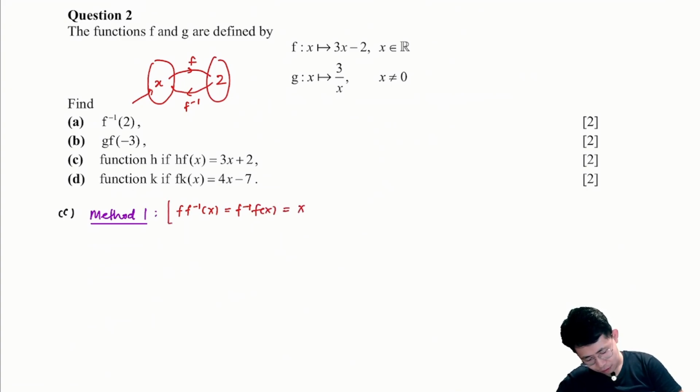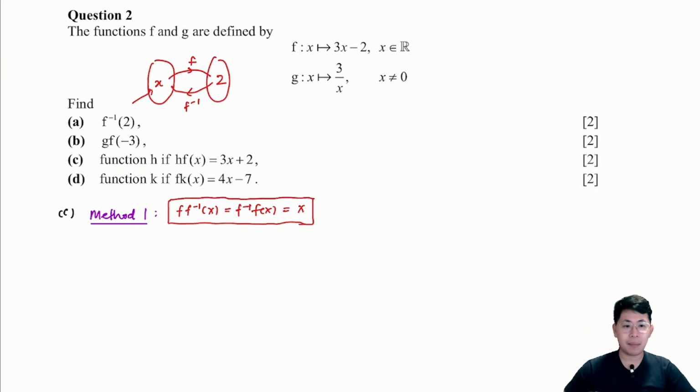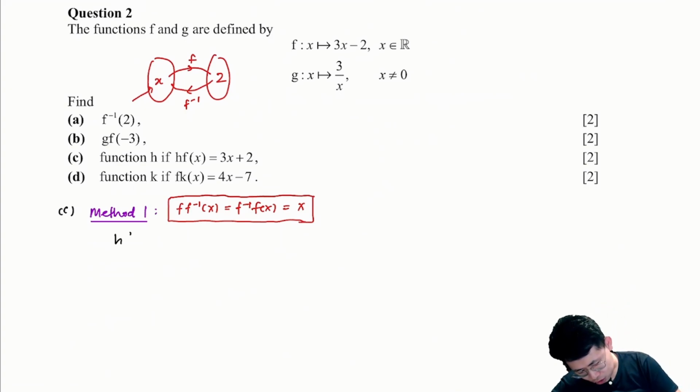When you take f and composite with f inverse, you get back the particular input x. So we're going to make use of this to get rid of f. Starting with hf of x equals 3x plus 2.